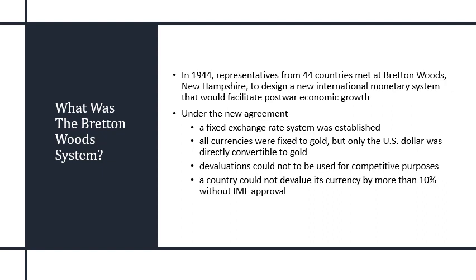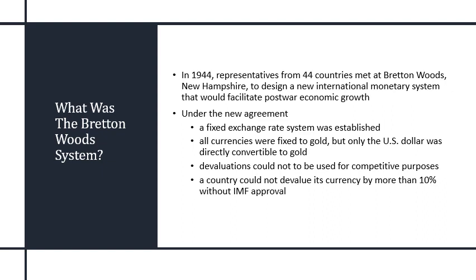This means that the value of the currencies of every country was fixed to gold. That means it was equivalent to some amount of gold. However, the only currency that could actually be converted to gold was the US dollar.